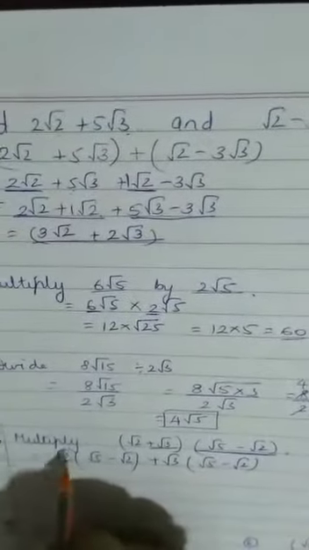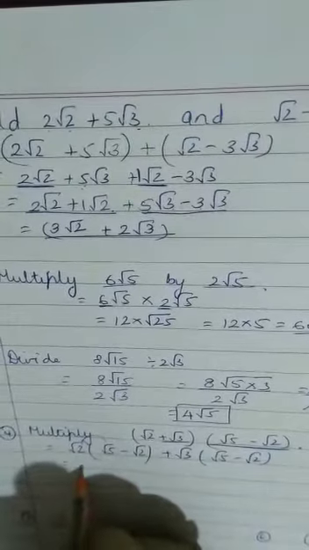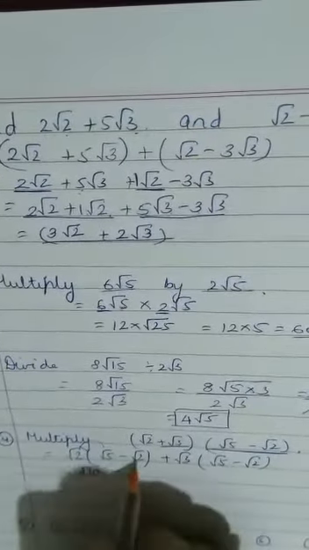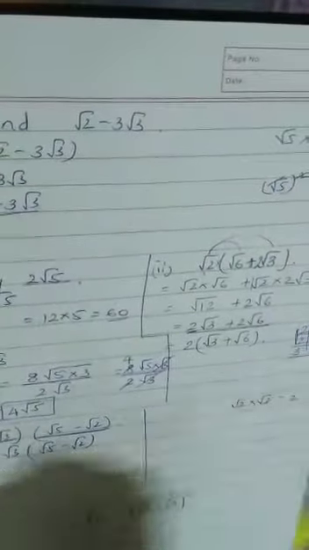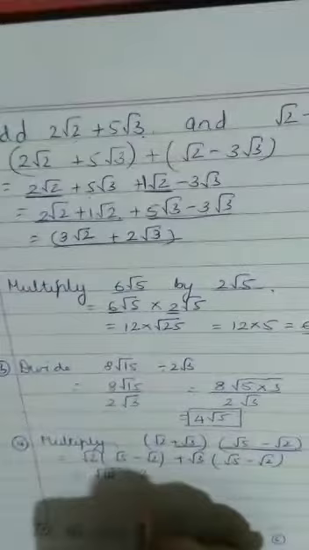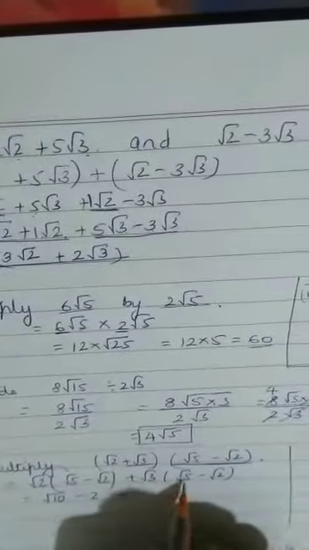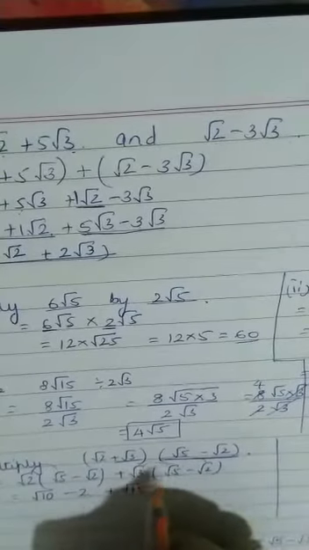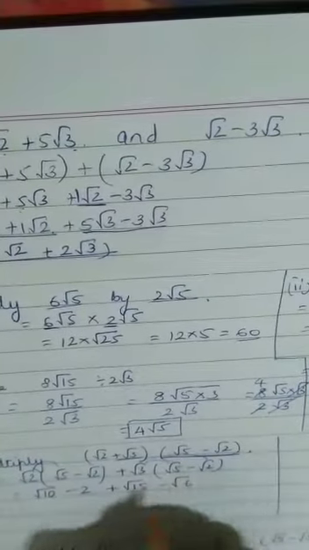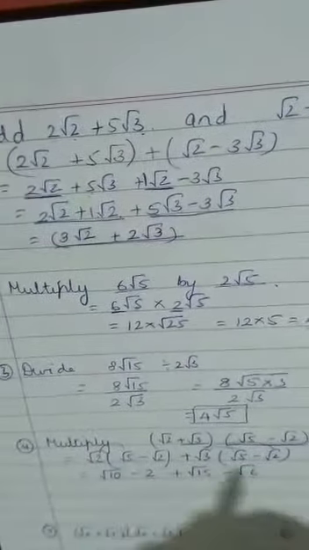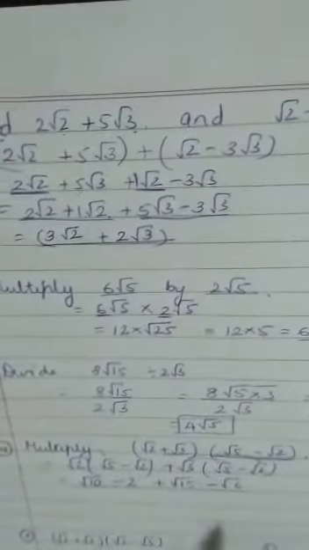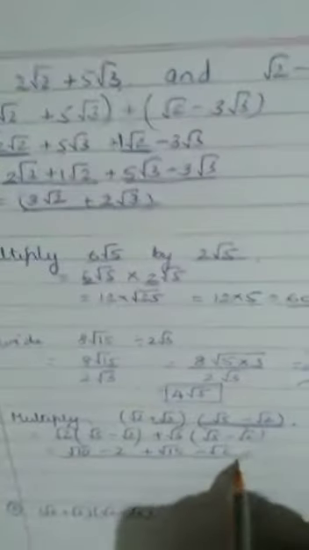So this becomes root 2 into root 5, which is root 10 minus root 2 into root 2. Root 2 into root 2 is nothing but 2. So I write a 2 over here plus root 3 into root 5 is root 15 minus root 3 into root 2 is root 6. We can leave the sum here as your answer because we cannot simplify anything. There are no like terms in it. So this is your final answer in that case.